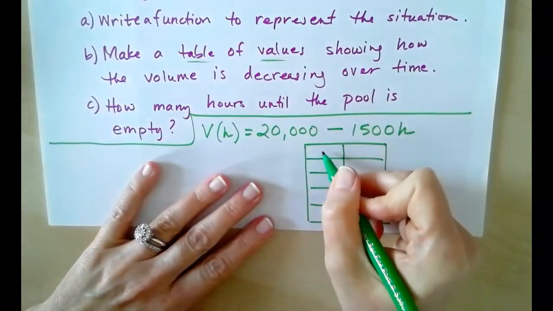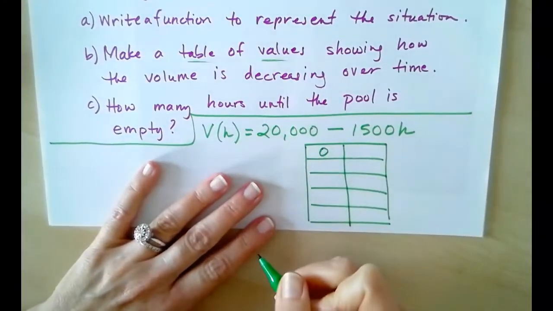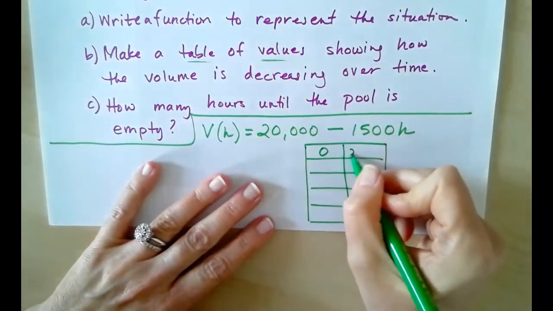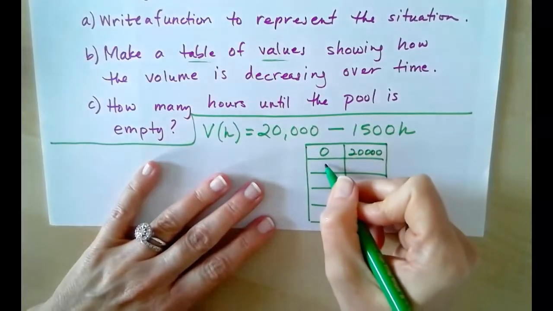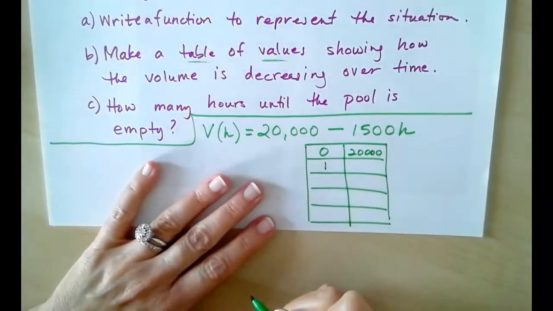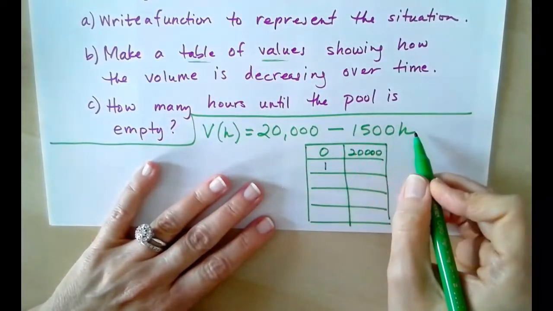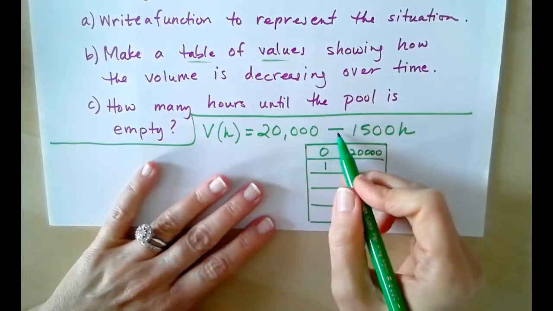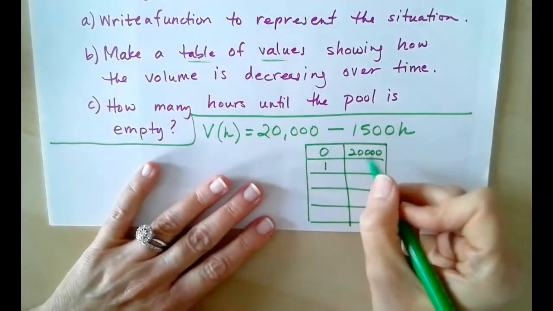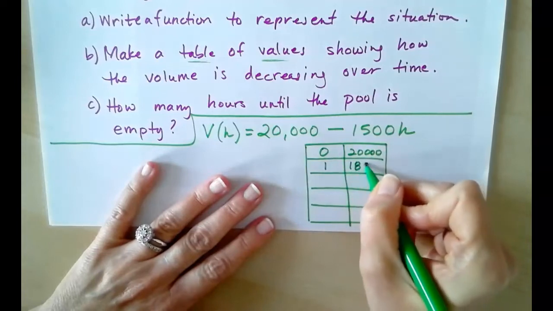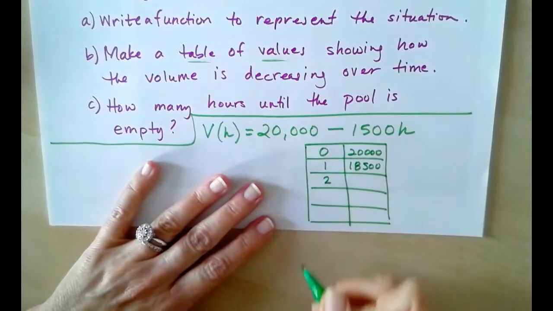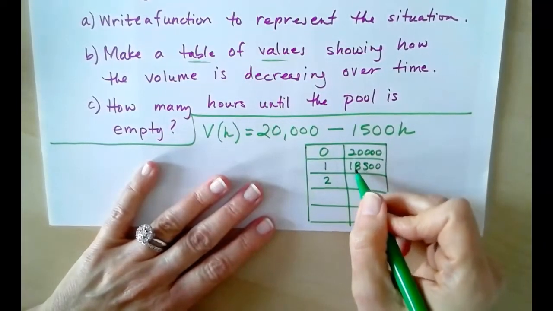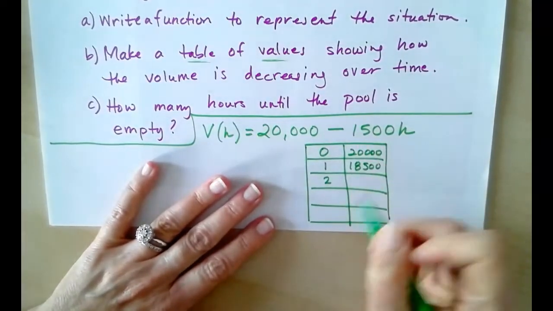So let's see, after 0 hours of being drained, the pool still has 20,000 gallons. After 1 hour of being drained, 1,500 times 1 is 1,500. 20,000 minus 1,500 is 18,500. After 2 hours, it will be down another 1,500.